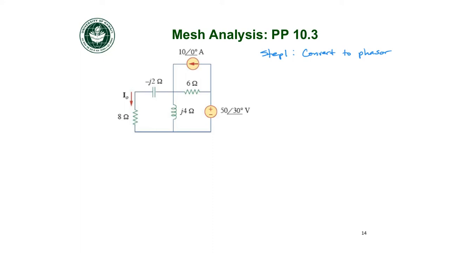But as you can see, that's already been done because this current source is in a phasor representation. This voltage source is in a phasor representation. The inductor already has its impedance labeled, and the capacitor already has its impedance labeled. So that helped us set up the problem.